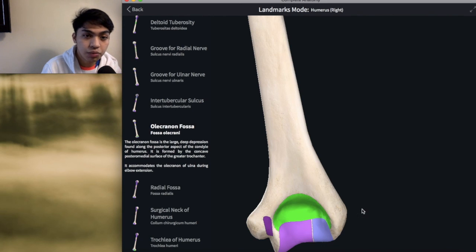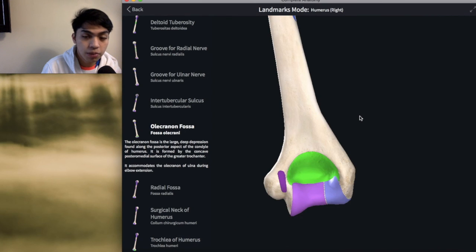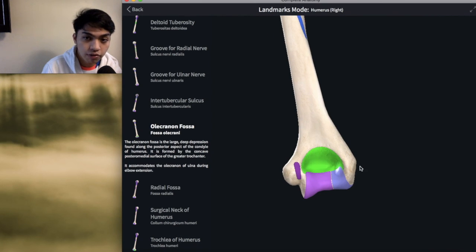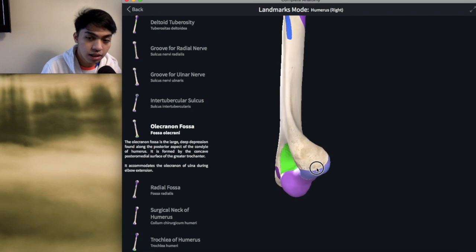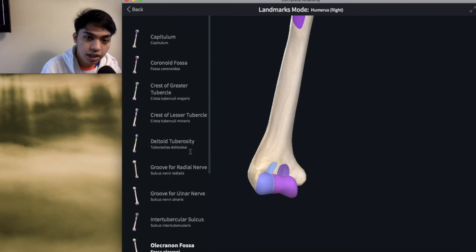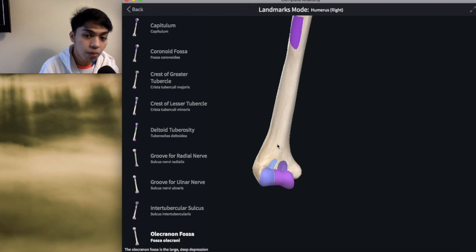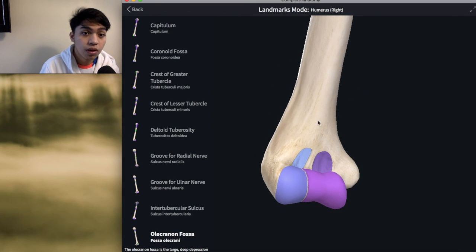Now, the olecranon fossa, not just being in the posterior portion, accommodates elbow extension, while the radial and the coronoid fossae accommodate their corresponding bones for elbow flexion.